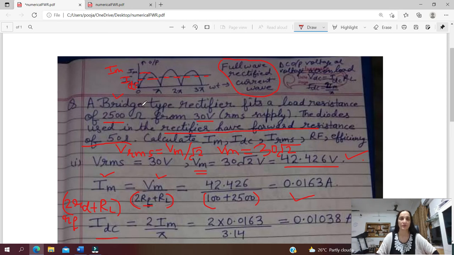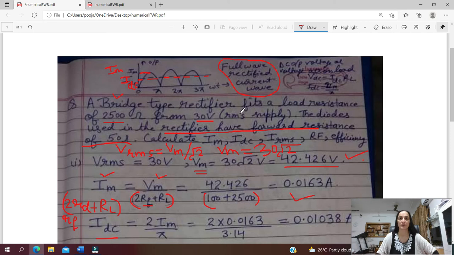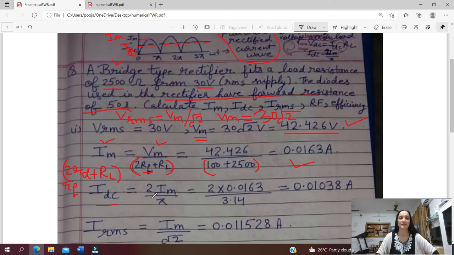IDC for a full wave rectified output current wave is twice Im by pi. Now we will put the values of Im that we just calculated. Pi is 3.14, so we get IDC as 0.01038.